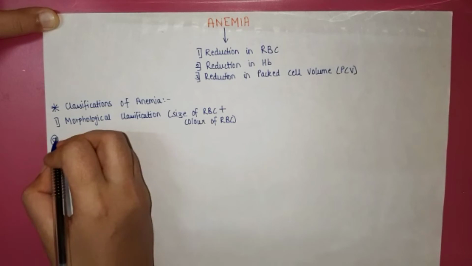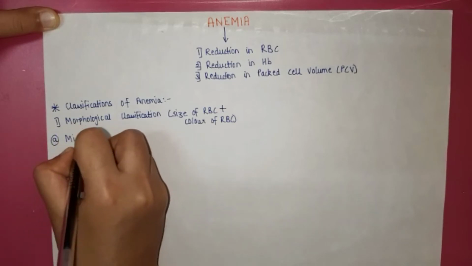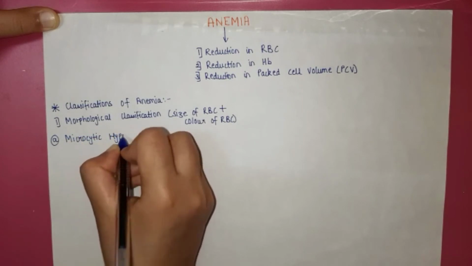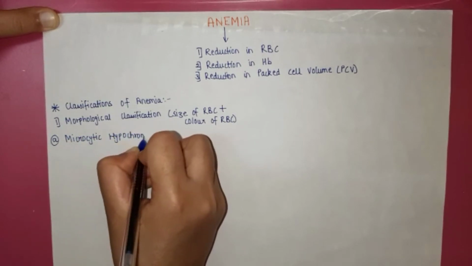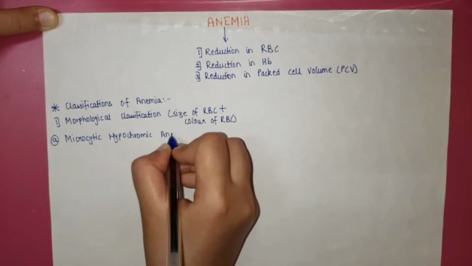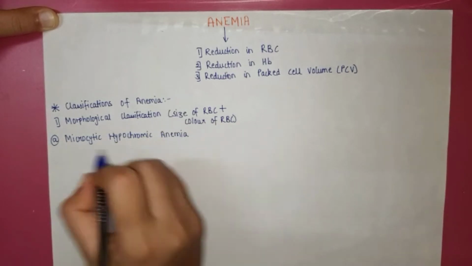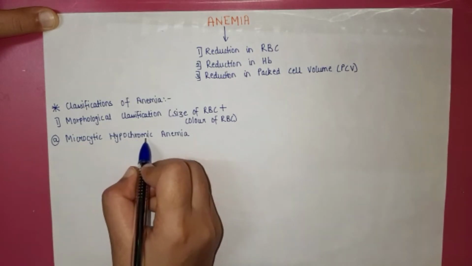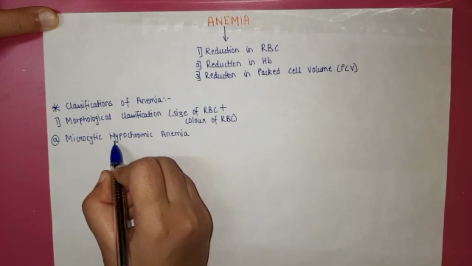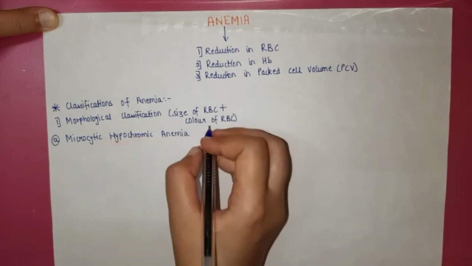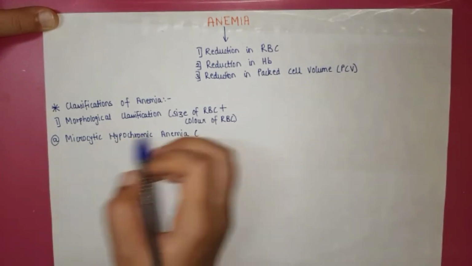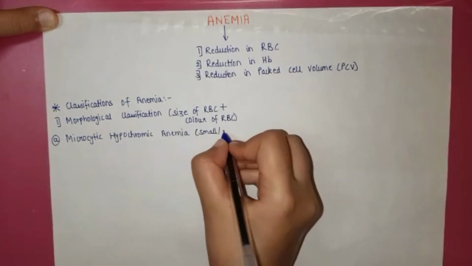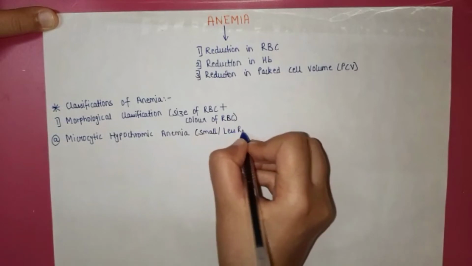First type is the microcytic hypochromic anemia. That is, micro means small and hypochromic, chroma means color and hypo means less. So, in this type of condition, the size of the RBCs is small, that is micro, and hypochromic means less reddish.